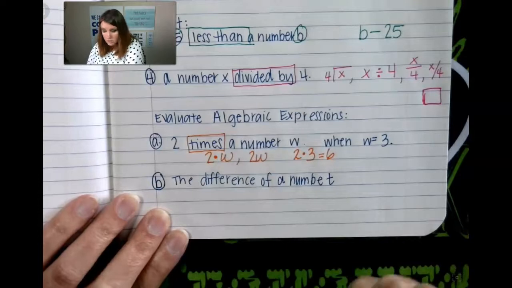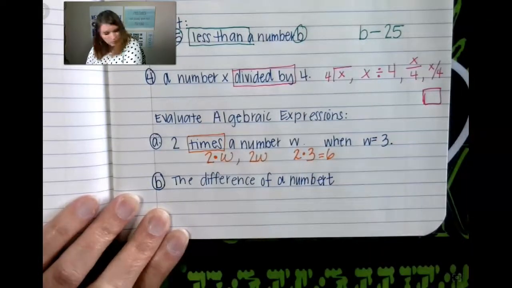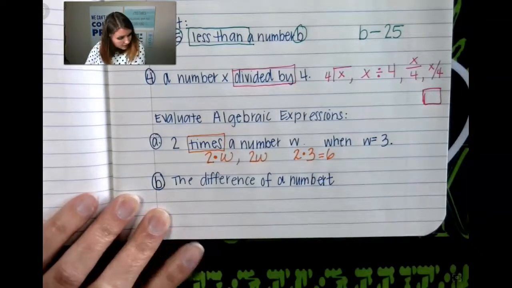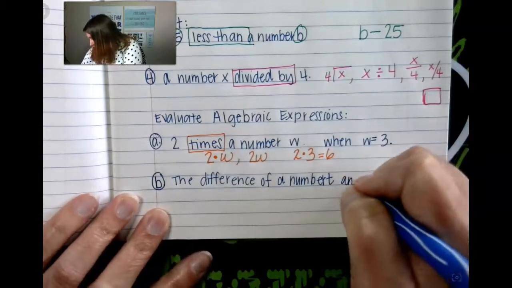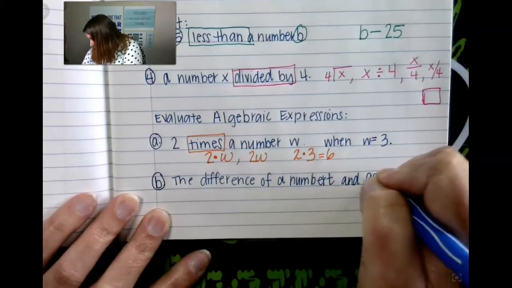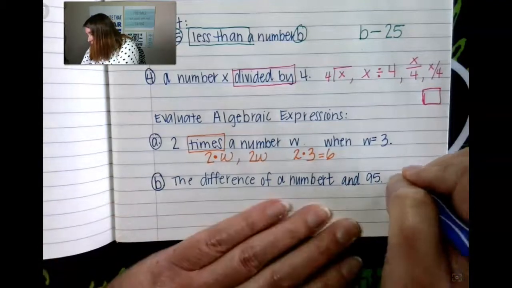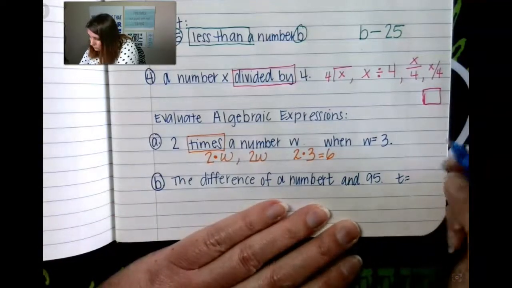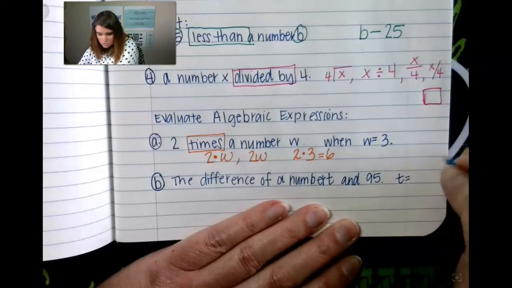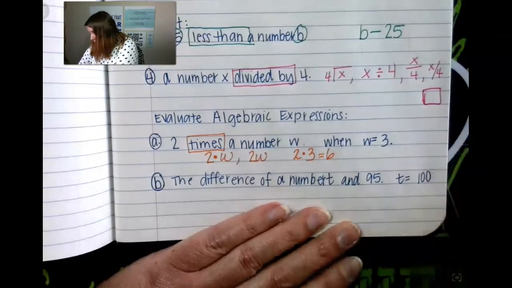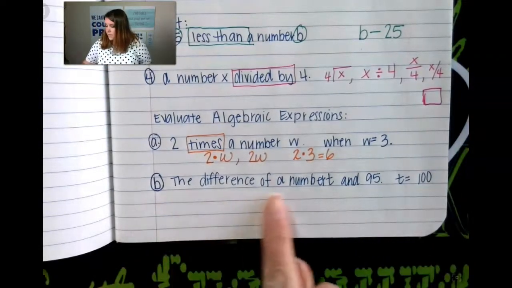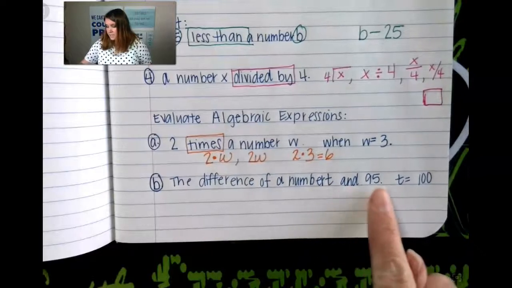I don't like when they do T, and that's not how you spell number, Miss Englander. Okay, thanks. Number T and 95, when T equals 100.